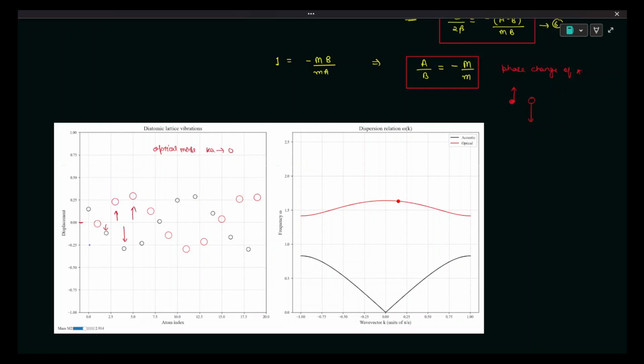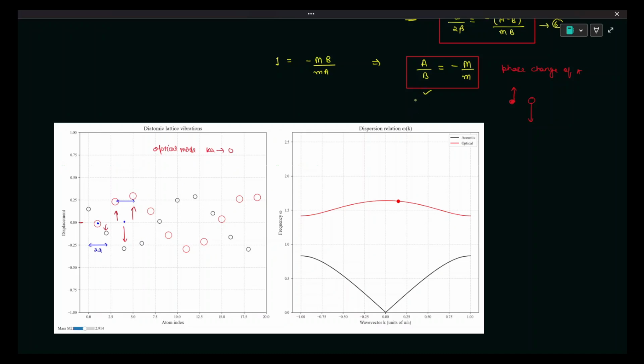If you remember, the unit cell in this diatomic lattice is of length 2a. Here the center of mass is always at the 0th line. In this case also, from here to here, the amplitudes will be such that the center of mass stays on the 0th line, so it remains unchanged, and such a mode is known as the optical mode.